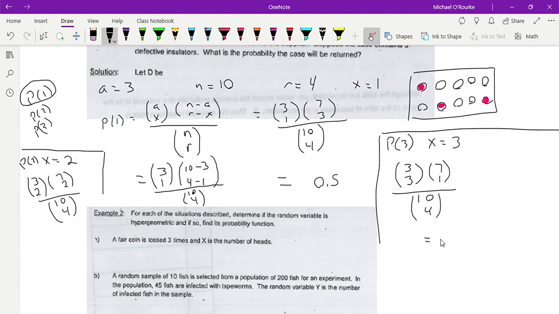You get, did you get 0.03 or 0.3? Okay. I got 0.3. Yeah, you got 0.3.